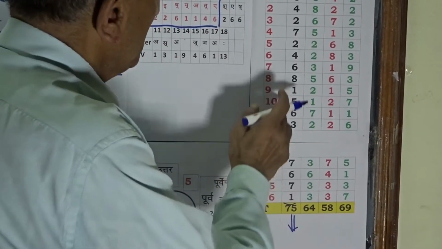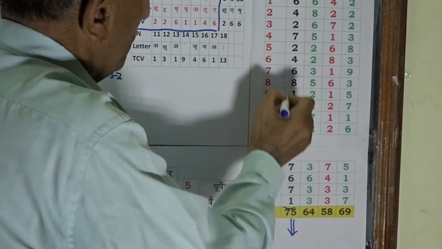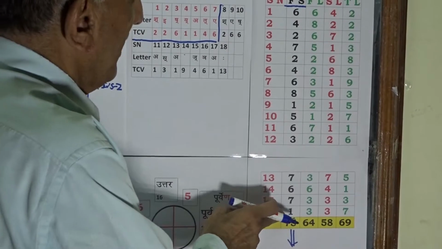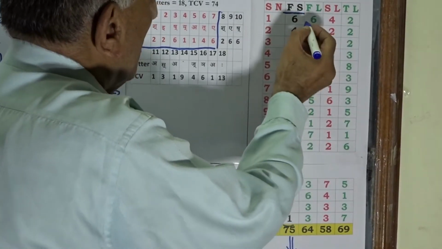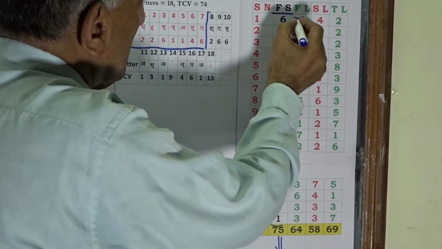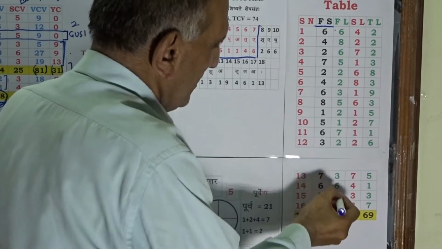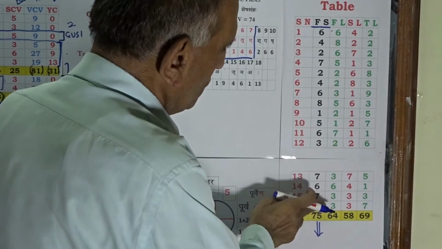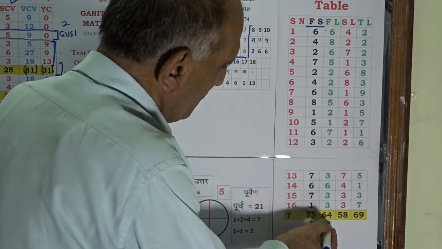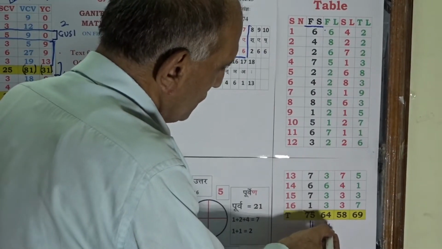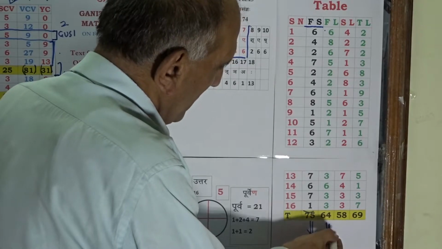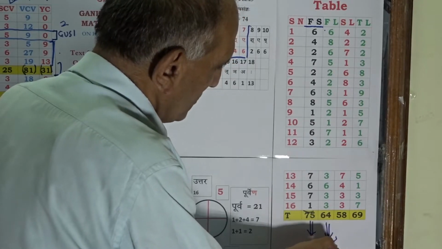Now, if instead of chasing letter 1 to letter 16 of Ganita Sutra 1, we take the first letters of all the sutras, this is the first letter of Ganita Sutra 1, this is the first letter of Ganita Sutra 2, and like that it goes to the first letter of Ganita Sutra 16. Then these first letters of 16 sutras are leading us to value 64.